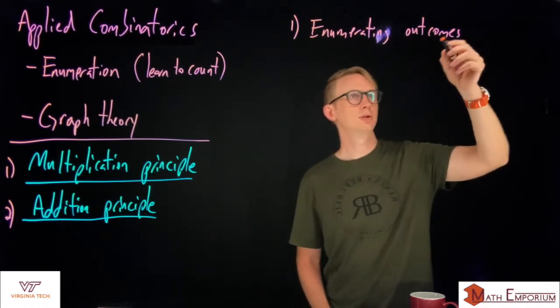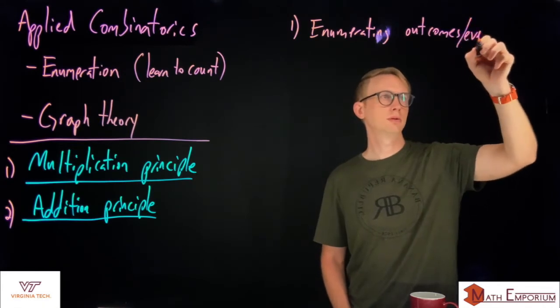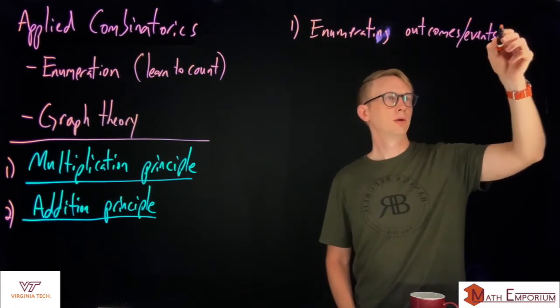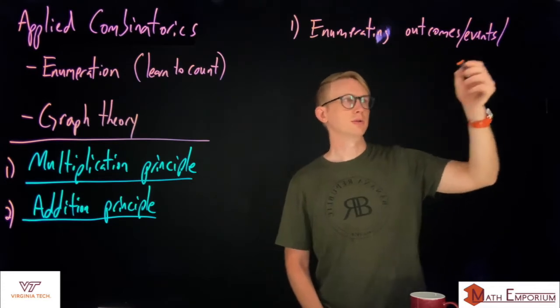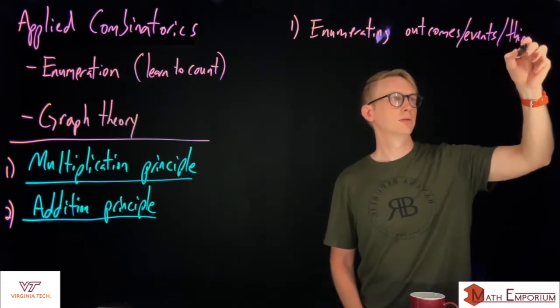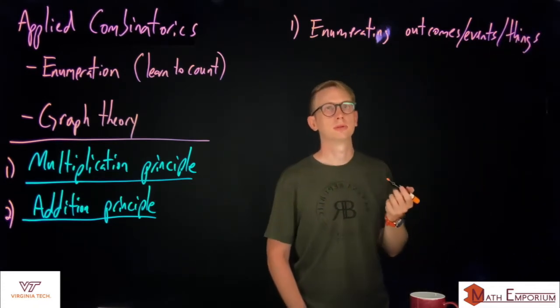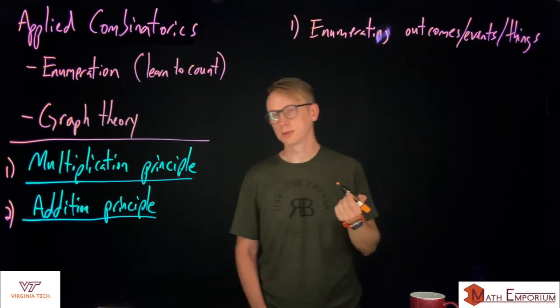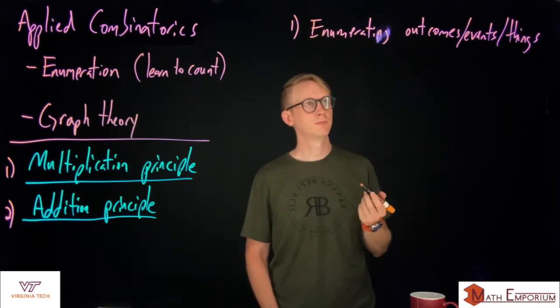This word could change. You could be talking about events, or it could be much less sophisticated, just things, right? So it depends on context. We'll discuss more and more how important context is for doing these counting problems.